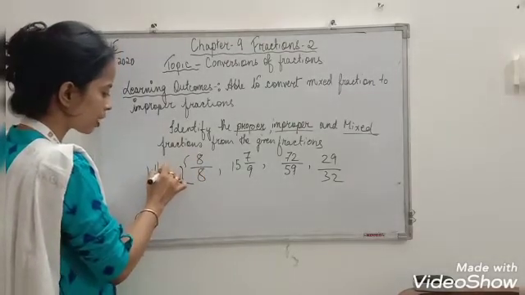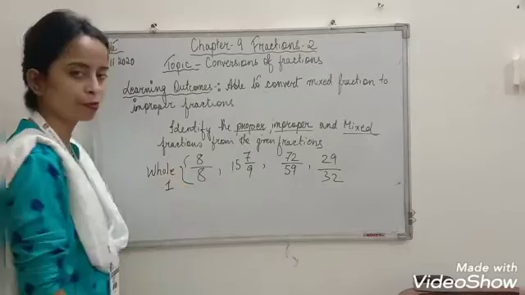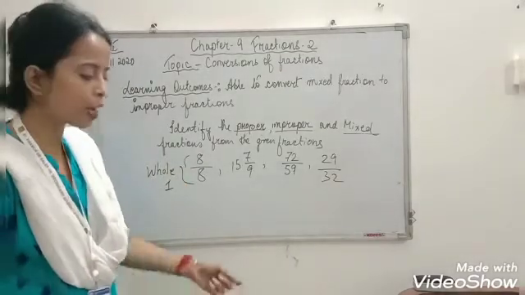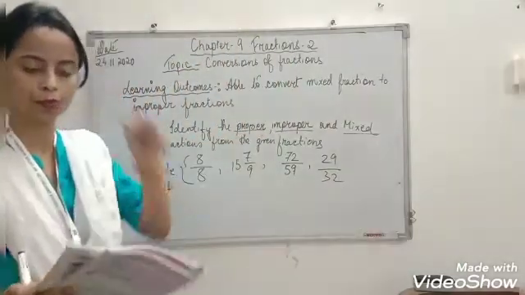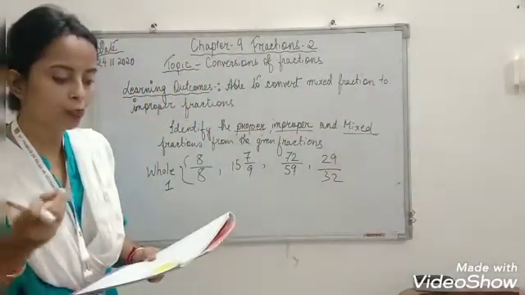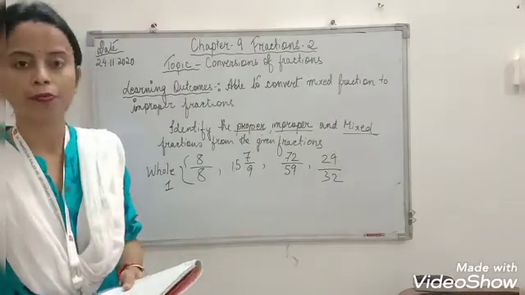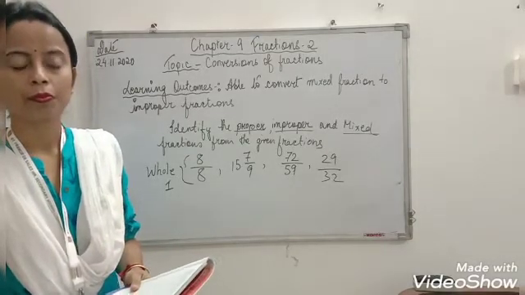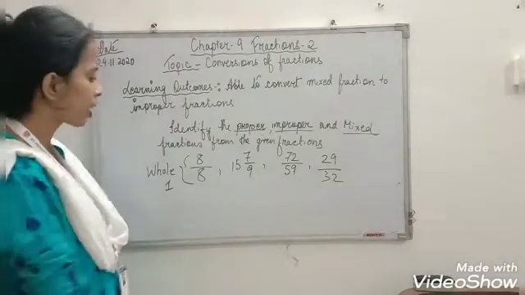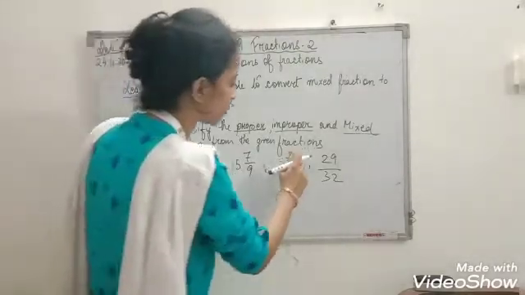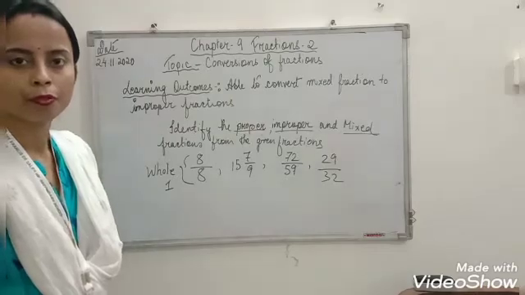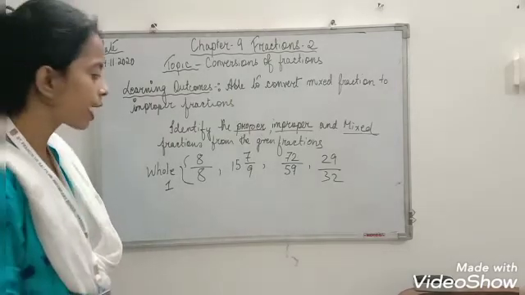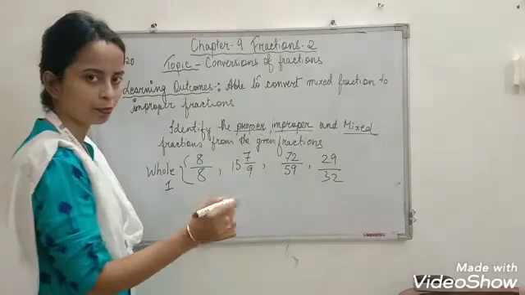Whole. Yes or no? So 1. So 8 by 8 is what type of fraction? Tell me children. 8 by 8, 15, 7 by 9, 72 by 59, 29 by 32.